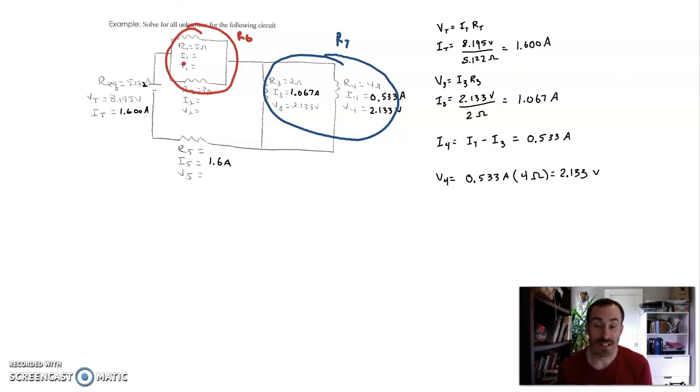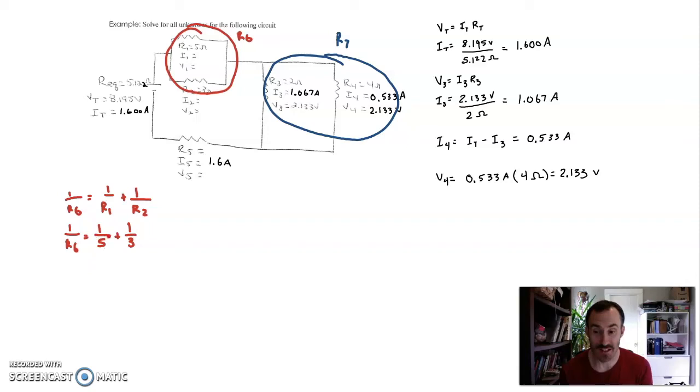So, because R6 is being calculated in parallel, 1 over R6 is equal to 1 over R1 plus 1 over R2. And so R6 is going to be 1 over 5 plus 1 over 3. Okay, and when I flip that upside down, I should get 15 over 8.